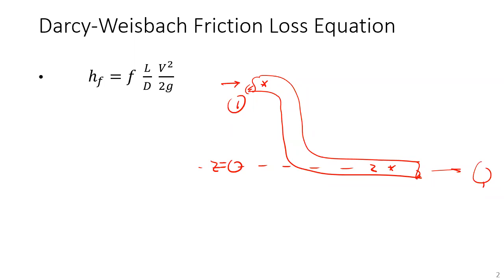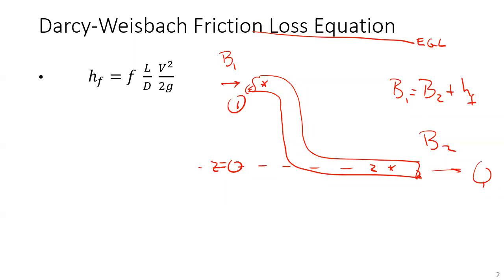And we would say that the energy at 1, B1, and the energy at 2 can be equated in the energy analysis, only now B1 is not equal to B2, but we have some energy losses. What that means is that there's some slope to the energy grade line. And the difference in energy between point 1 and point 2 is that friction loss. That friction loss is described by the Darcy-Weisbach equation.